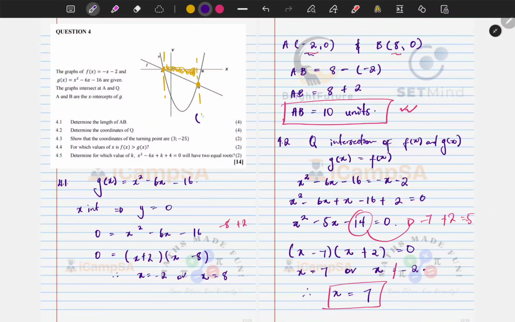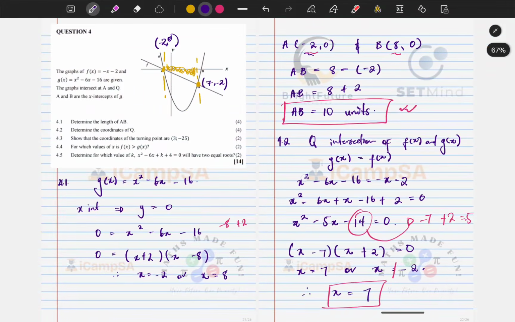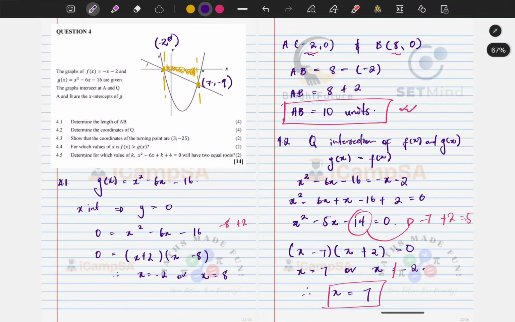So remember, here you have your q as your 7 and -2, I think, and then here you have your -2 and 0. Let's just confirm. No, it's 7 and -9.